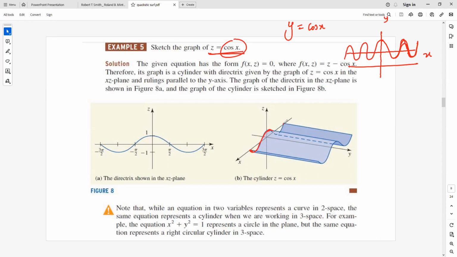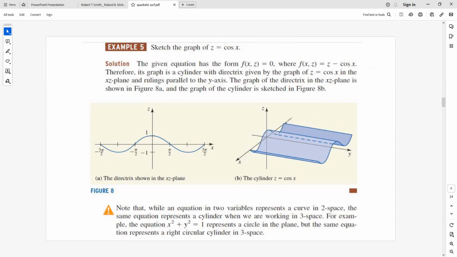And this will go on and on in the zx plane, right? And now similarly, the variable y is absent here. It means that it will be stretched in the y direction. So we need to stretch it in the y direction. So what we do is we just stretch it like this.